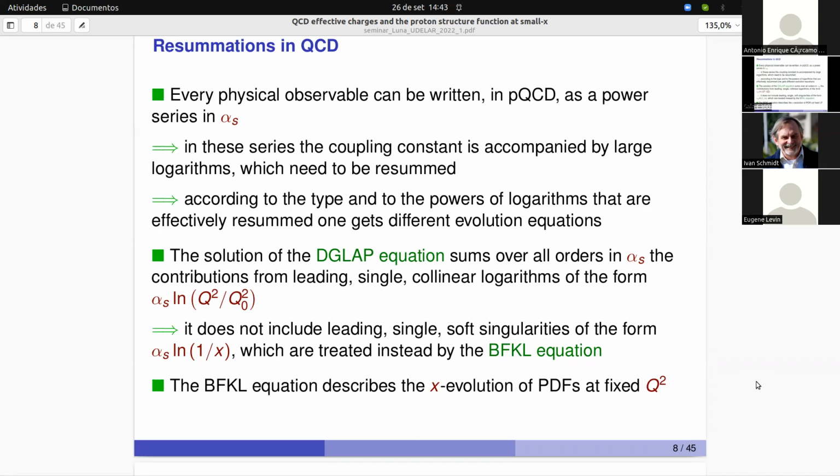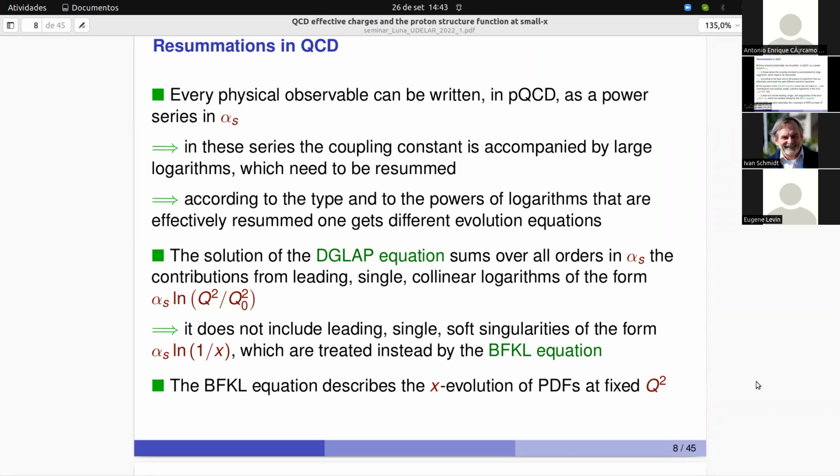When you write such a power series, we see many logarithms appearing, and you have to resum this kind of logarithm. When I say resum, I mean we have to take this into account in our calculation.